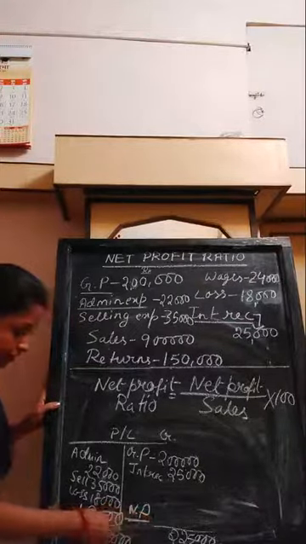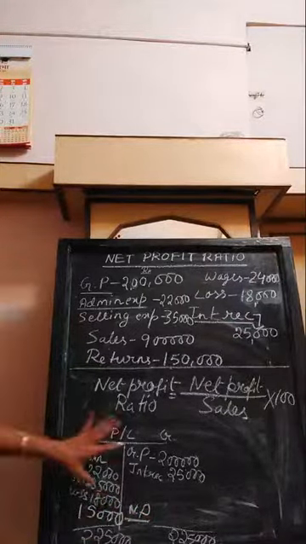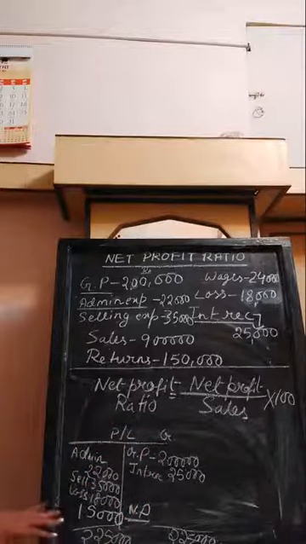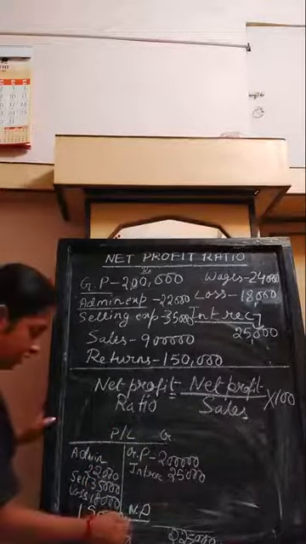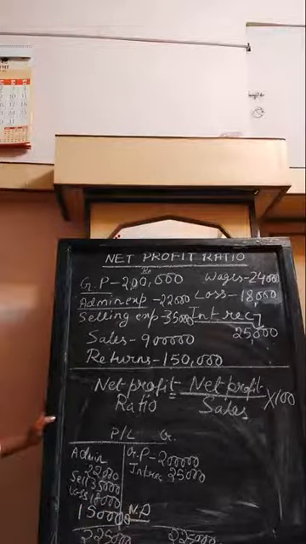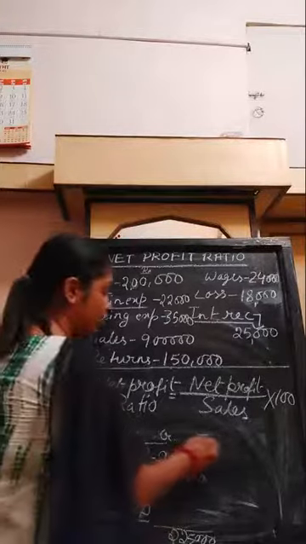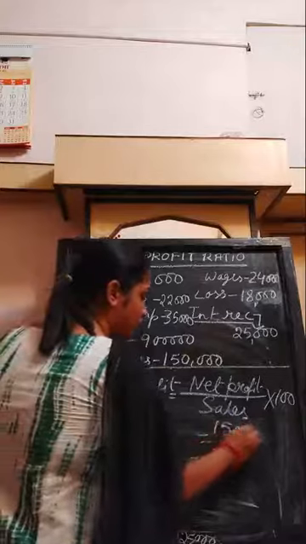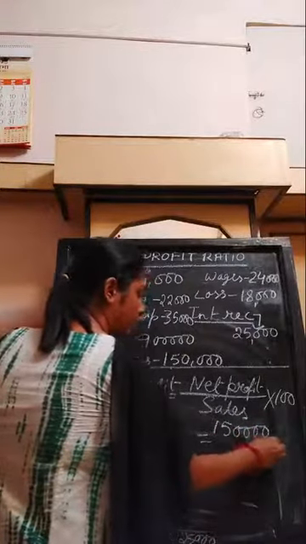The net profit is 1,50,000 that we are getting from this calculation. This 1,50,000 we will write in the net profit section in the formula.